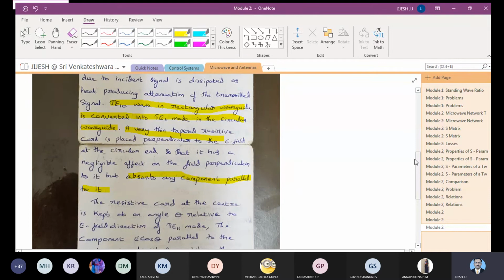So what you can understand here is the components parallel to the resistive film get absorbed, and perpendicular has a negligible effect, and it moves on further. So we have three resistive films, R1, R2 and R3. The theta depending on R2 is going to impact the signal at the resistive film R2, which is placed in the circular waveguide.